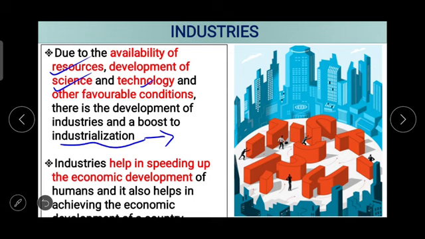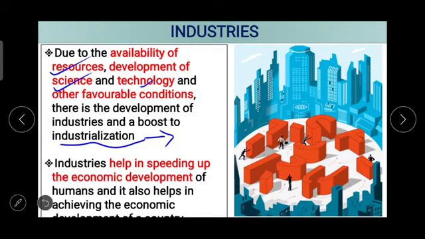Because of the availability of resources, the development in science and technology and other favorable conditions like the availability of human resources, raw material, or transportation, all these things boost industrialization.